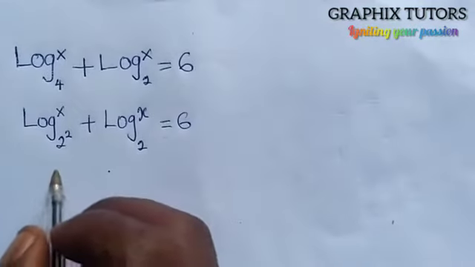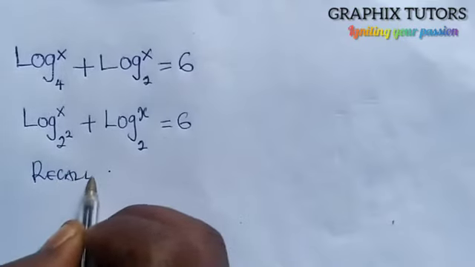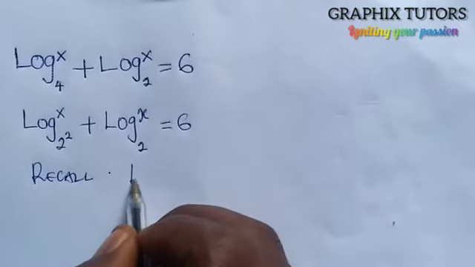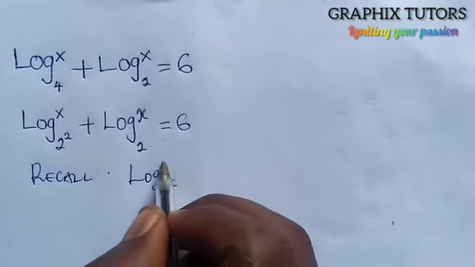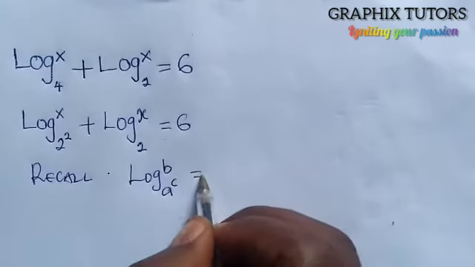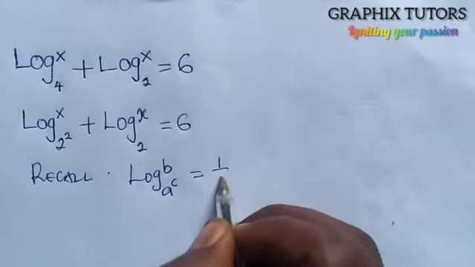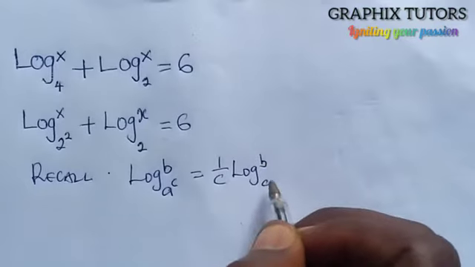Now there's a law. Recall, whenever you have log of a to c, and we have b here, since the c is at the base, it will give us 1 over c log b to a.